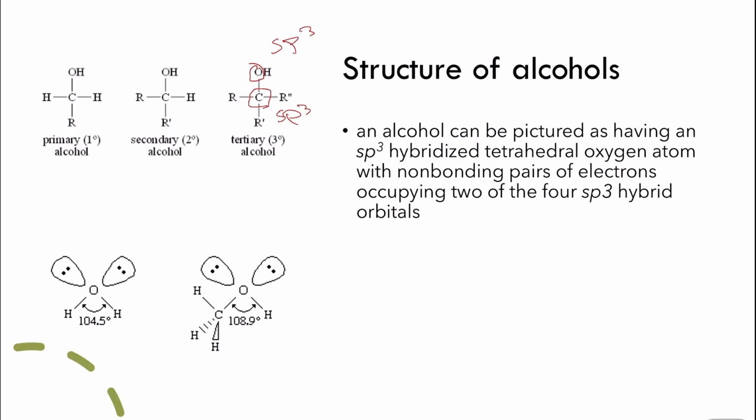So we know that oxygen has a total of 8 electrons, and the distribution of electrons is 1s2, 2s2, then 2px2, 2py1, and 2pz1.